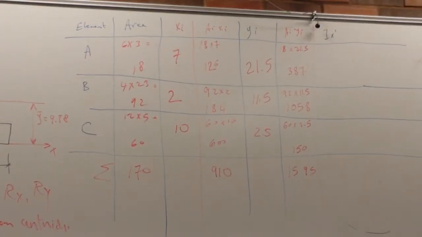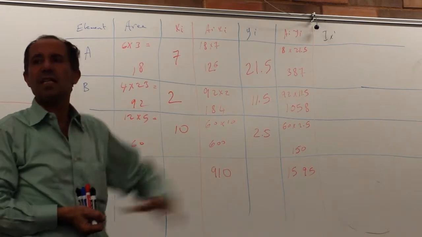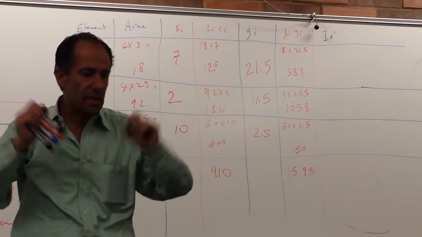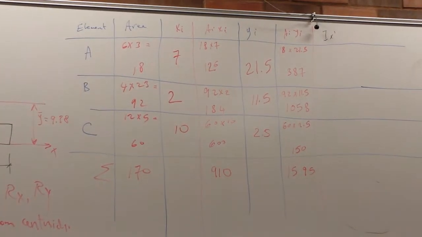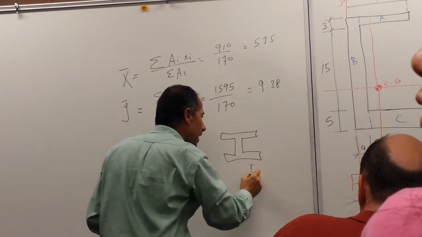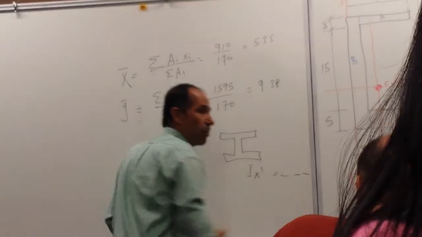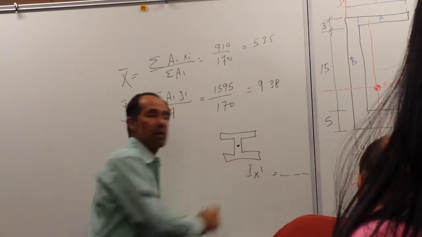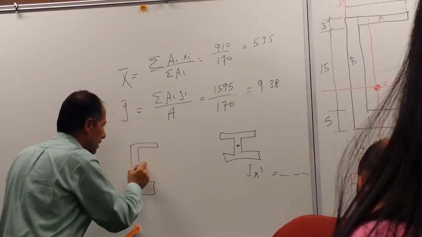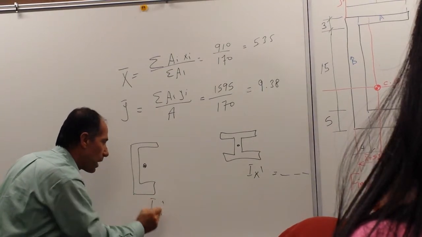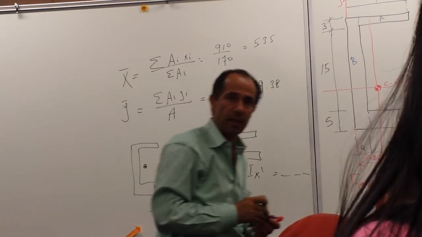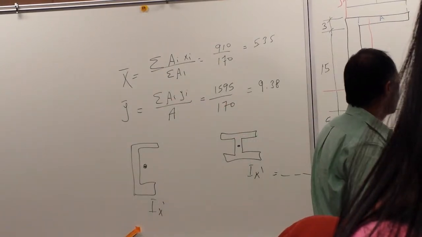Center means this is measured at its own center of gravity, for each element. So Ix prime or Iy prime means this is measured at the center of gravity of this element.